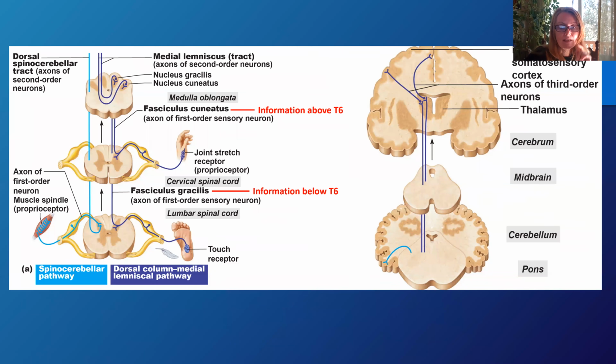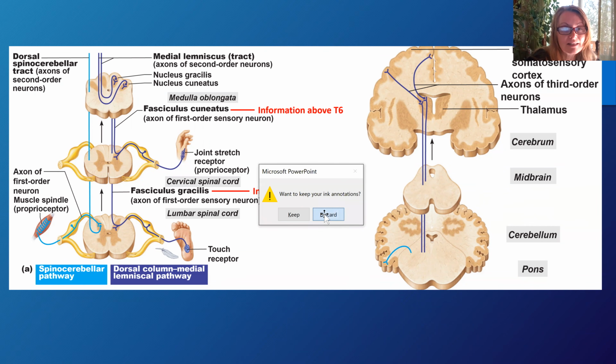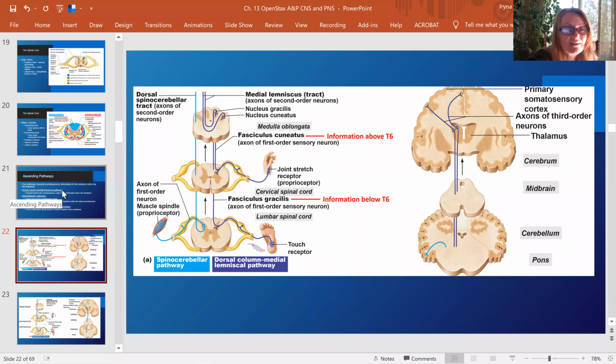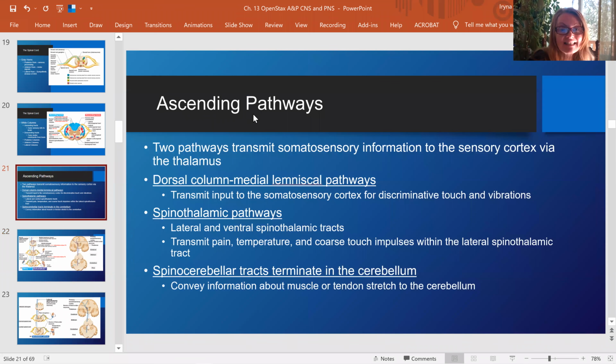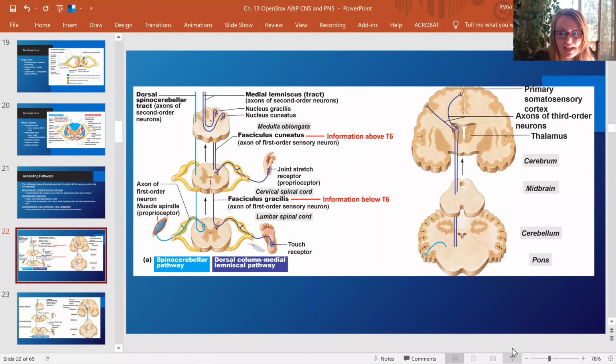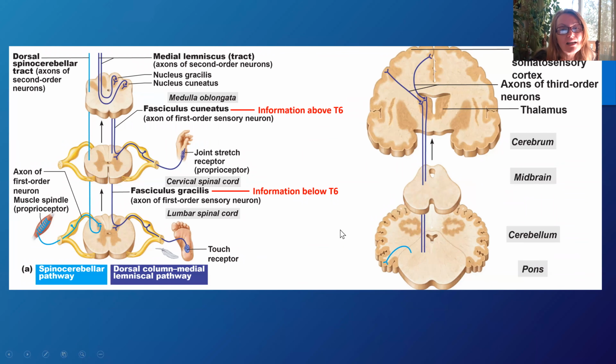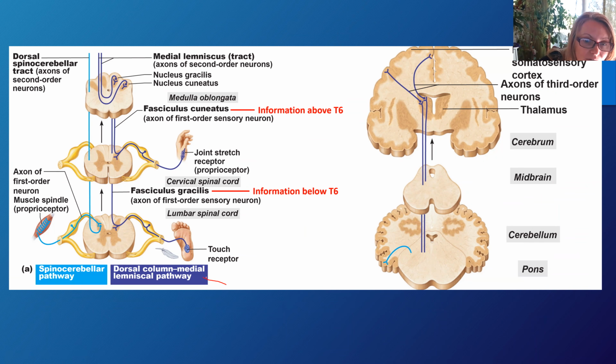Now, that's very amazing information over here. We're going to look at the ascending pathway, right? So we will look at this first. And I like it because it's a picture. A picture always makes so much sense, right? To me, at least. Ascending pathway. Specifically, we're going to talk about this one.